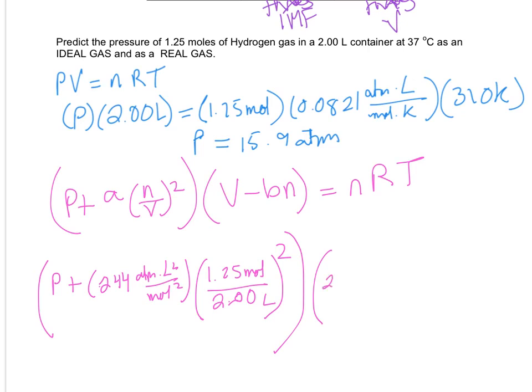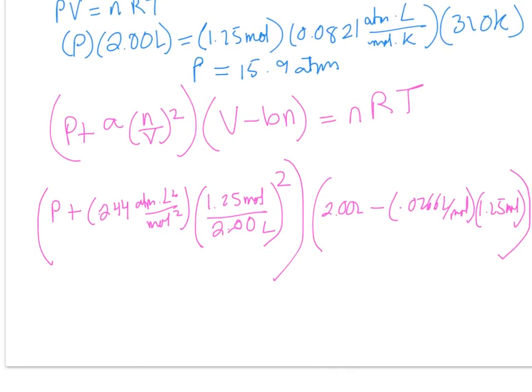And then this whole quantity times V, which is 2.00 liters, minus b, which is 0.0266 liters per mole, times 1.25 moles, and so that is equal to nRT.